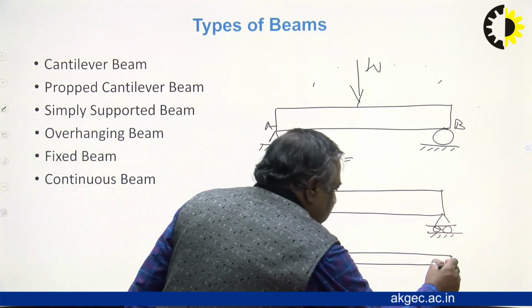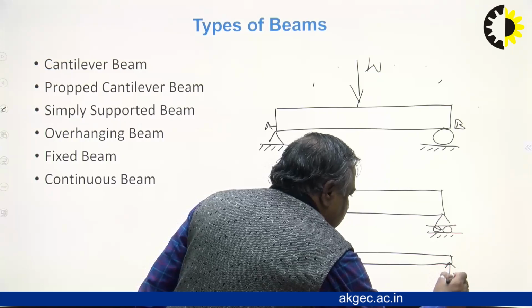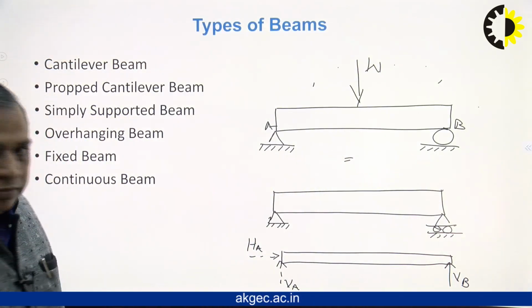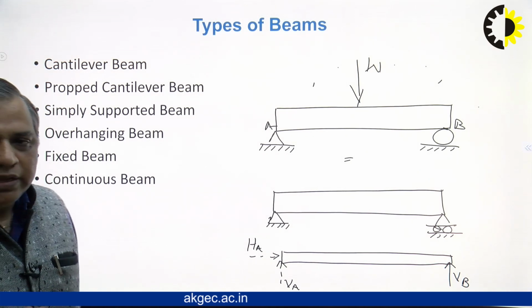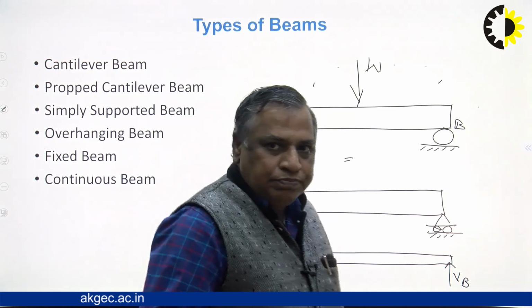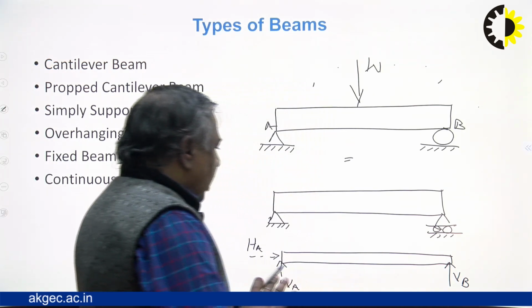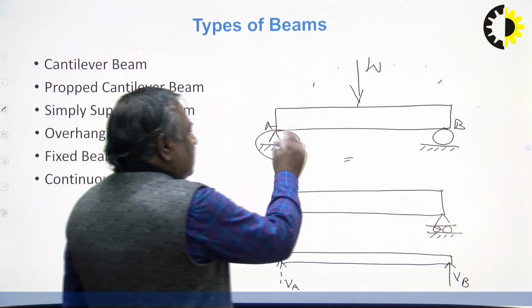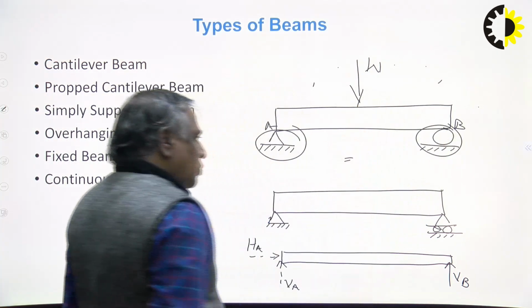Moment reaction is not there, and this is VB. So only 3 reactions, it is solvable and determinate. So this is a simply supported beam when supports are placed at the ends of the beam.